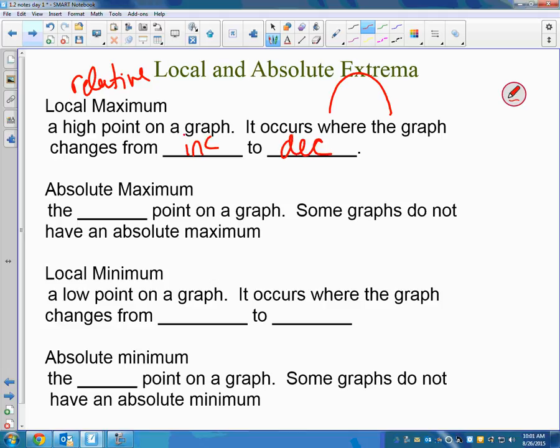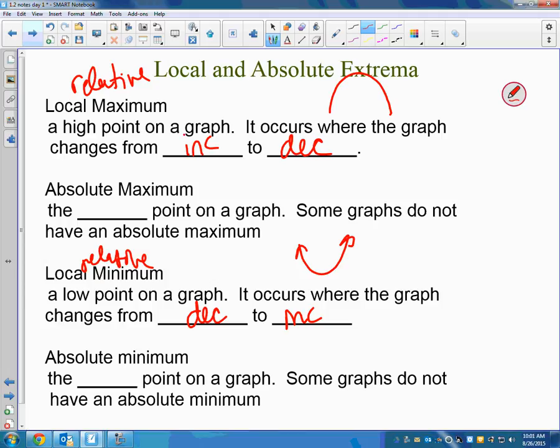So anytime your graph has a turning point where it changes from increasing to decreasing, that is a local maximum. And we could say the same thing about a local minimum or a relative minimum. Except for a relative minimum, that's a low point on your graph where it's going to change from decreasing to increasing. Those are really, really important when we get to calculus.